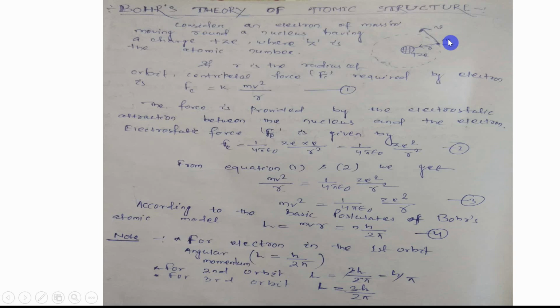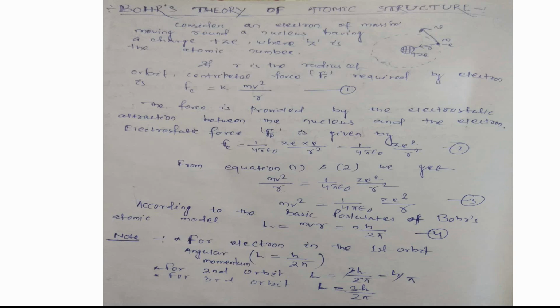Now we have to know one thing: when the electron is revolving around a circular path, it will experience a centripetal force, which you have already studied in your 11th class. The centripetal force acts when a body or a particle is revolving around a fixed point.